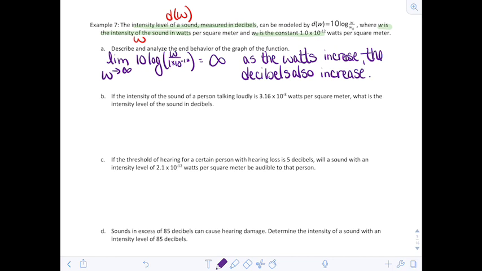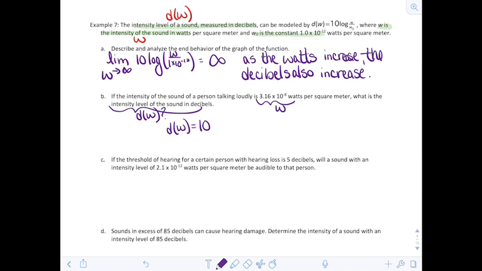So B says if the intensity of the sound of a person talking loudly is 3.16 times 10 to the negative 8th watts per square meter, so that is w being measured in watts, what is the intensity level of sound in decibels? That's d of w. So we want to find d of w when the wattage is the following.